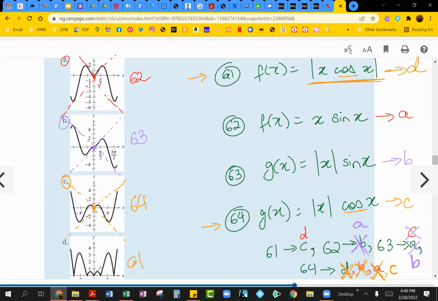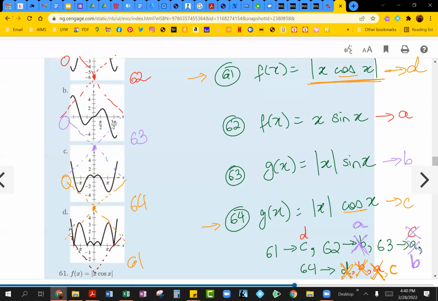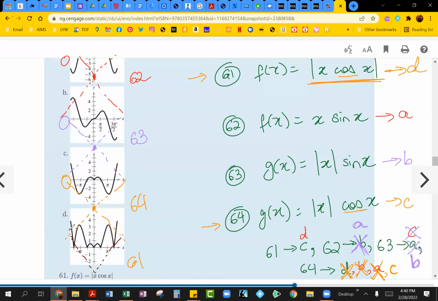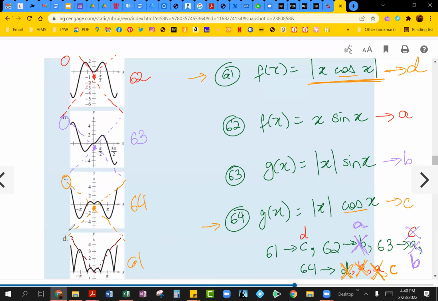Well, in this case, it's kind of hard to picture that, but this is where your absolute value, that V form, is going to be right at the top. And of course, if you can see, we don't actually have any part of our graph that falls below the x-axis, because your entire function, x times cosine of x, is within the absolute value symbol.